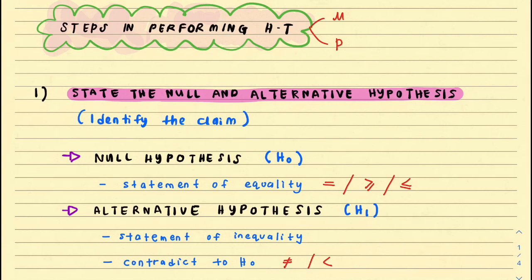And the last one, when you have less or equal than symbol for the null, the alternative will be the opposite, which is more than symbol. So if you have these 3 types of symbol, this one will be at your alternative hypothesis, because all the symbols don't have the equality statement.